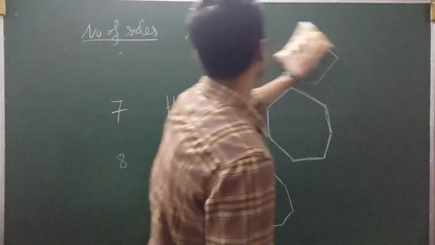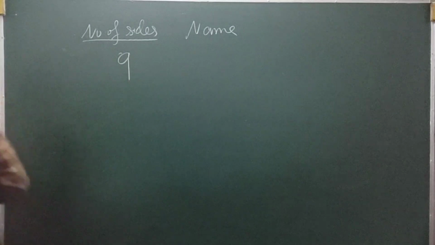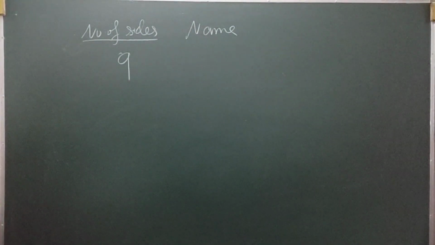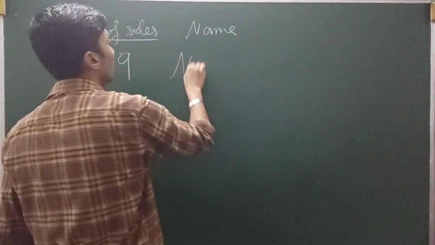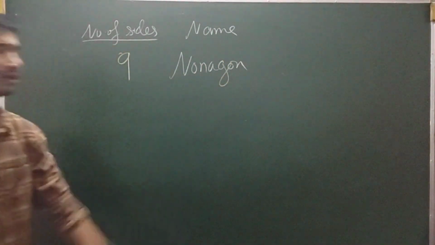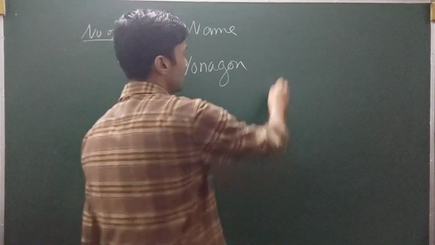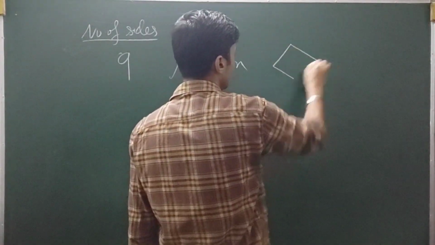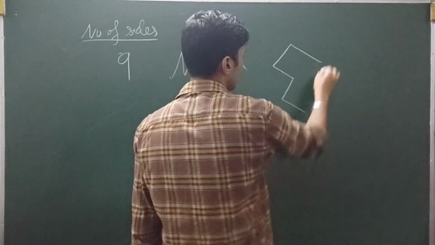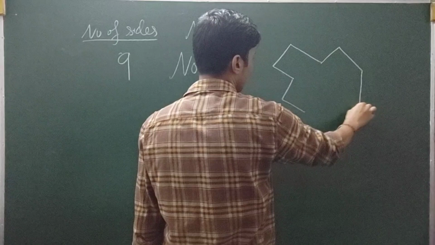Okay. Then we have 2 more, 9 and 10. If the number of sides we count is 9, that is called a nonagon, N-O-N-A. Where do we get all these names? I also don't know, but they call it a nonagon, so let's also call it a nonagon. 9 sides: 1, 2, 3, 4, 5, 6, 7, 8, 9.